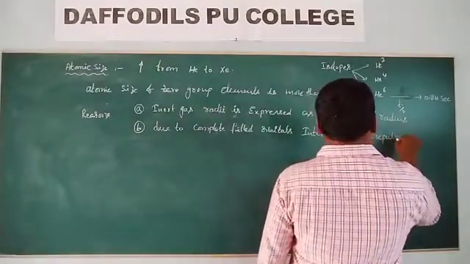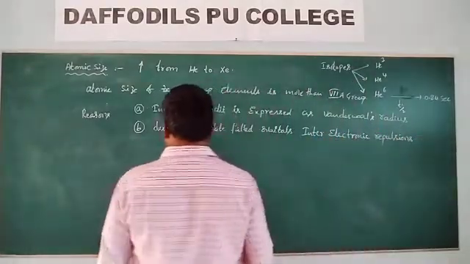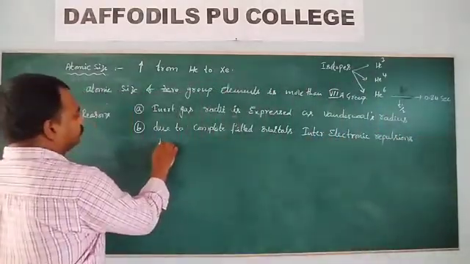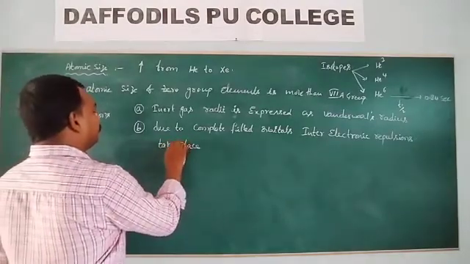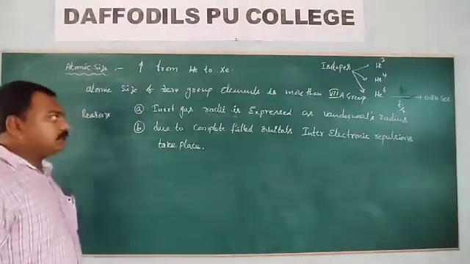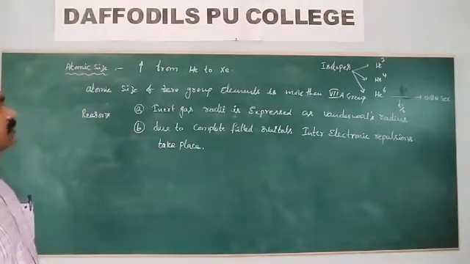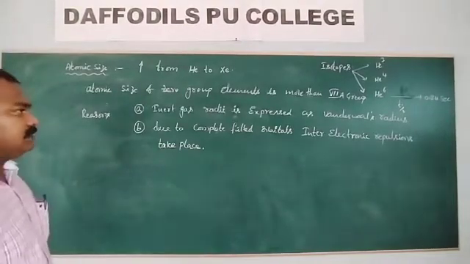So the atomic size of zero group elements is more than seventh group elements.